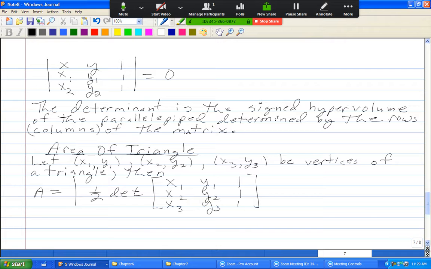You take the absolute value because it's the signed area, so it could be plus or minus. So pick it so that it's positive.